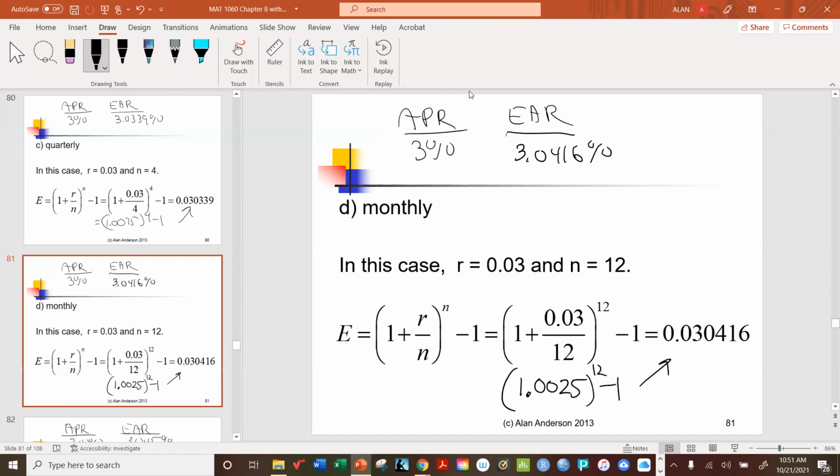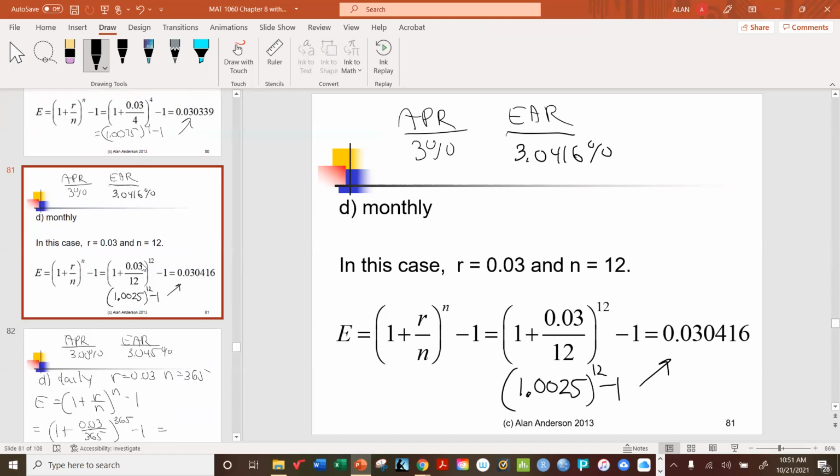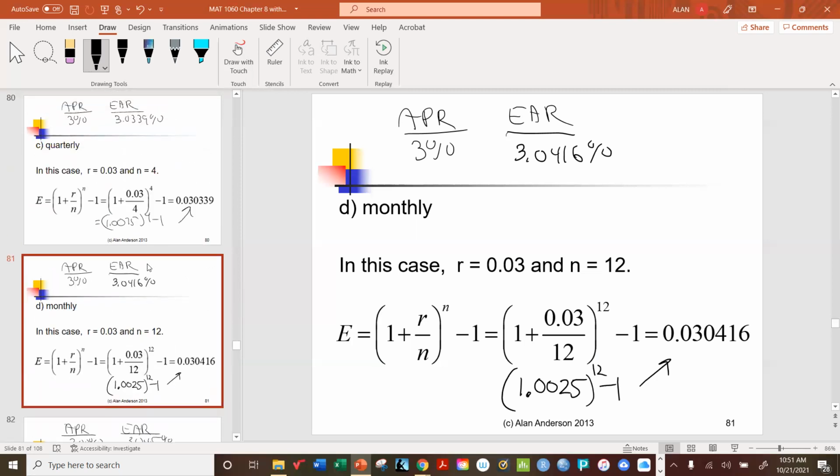All right, so I'll tell you what, let's complete them. Why don't you go ahead and do daily? Now, use 365 for daily. We don't care if it's a leap year or not. We always use 365. So replace the n with 365 and see what you can come up with.